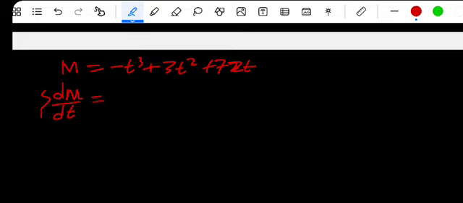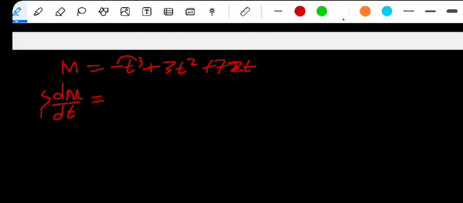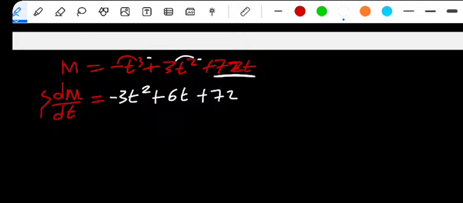You multiply by the exponent, dropping it and subtracting 1 from the exponent: negative 3 gives -3t^2, plus 3t^2 gives 6t, and the last term gives plus 72. This is what we have obtained so far.